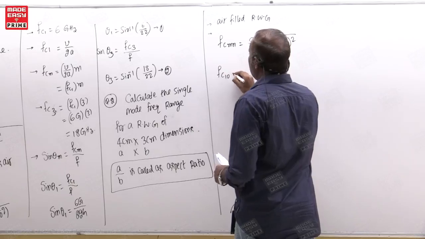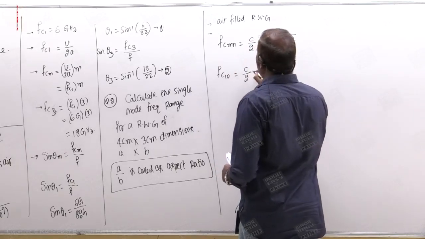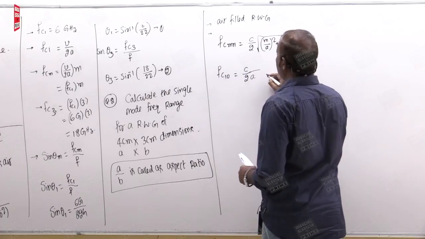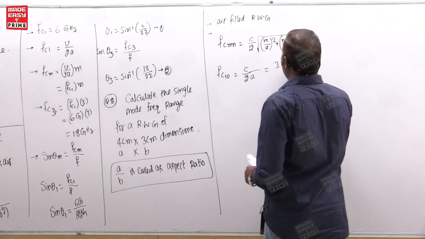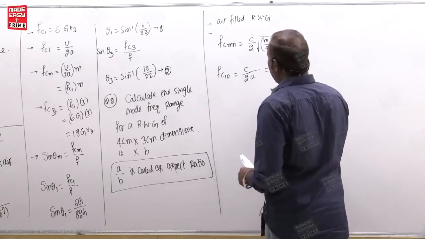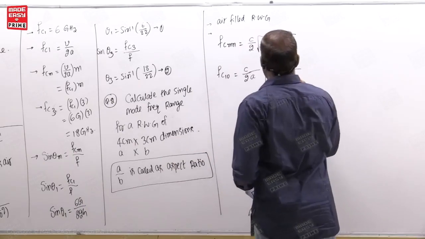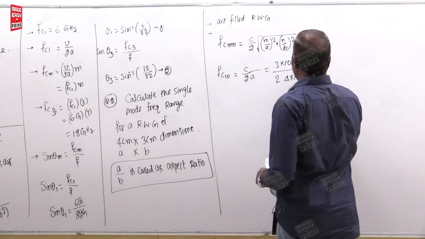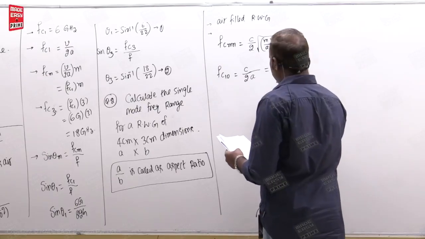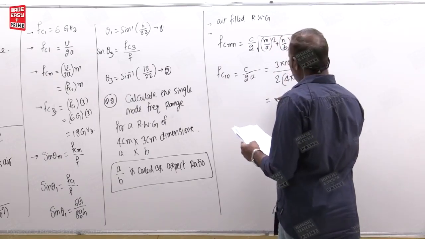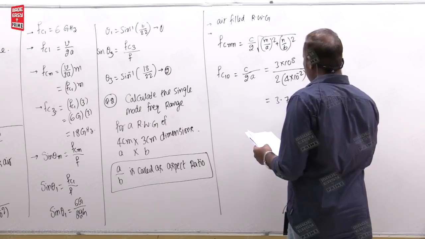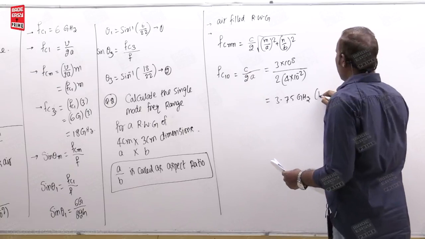Now FC10 is equal to C by 2, here 1, so C by 2A it becomes. So 3 into 10 to the power 8 divided by 2, A is here 4 into 10 to the power minus 2. Okay, this value becomes 3.75 gigahertz. That is dominant mode actually.